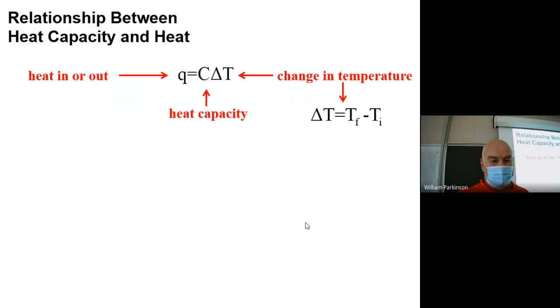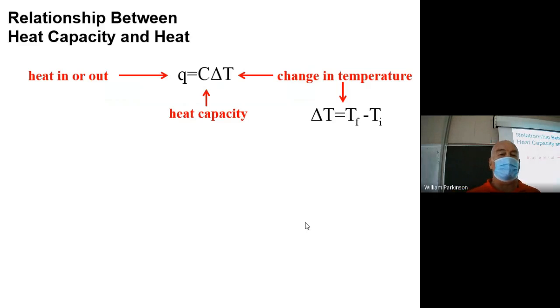And the heat, as you can see, is equal to the heat capacity, which I said was capital C, times a quantity delta T, which is the Greek triangle for delta T. What delta T means is the final temperature minus the initial.